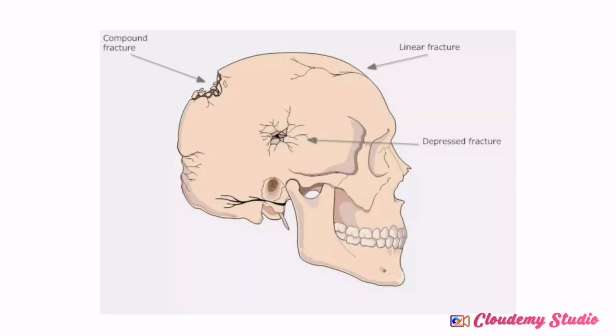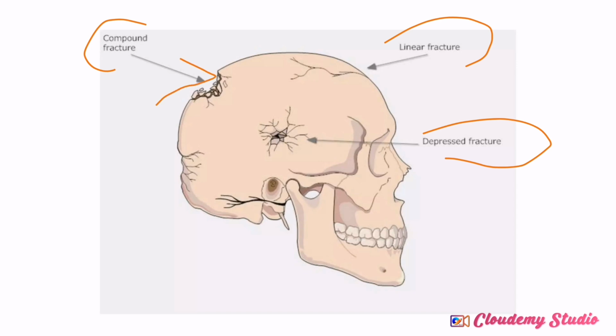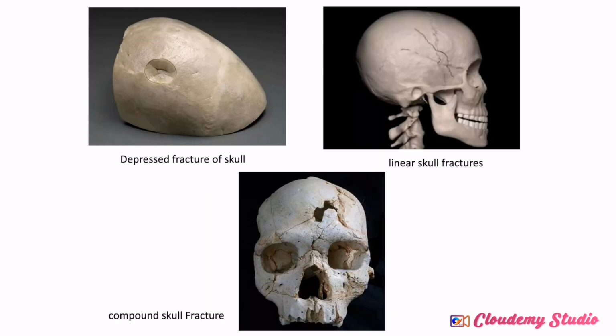So we have compound fracture, then also a linear fracture, then the last one is displaced fracture, which affects the brain. Yeah, so here where you are seeing the arrow, this is the occipital bone part, then this is the brain part, and this is just the skull part, linear fracture. Okay, so let's scroll.